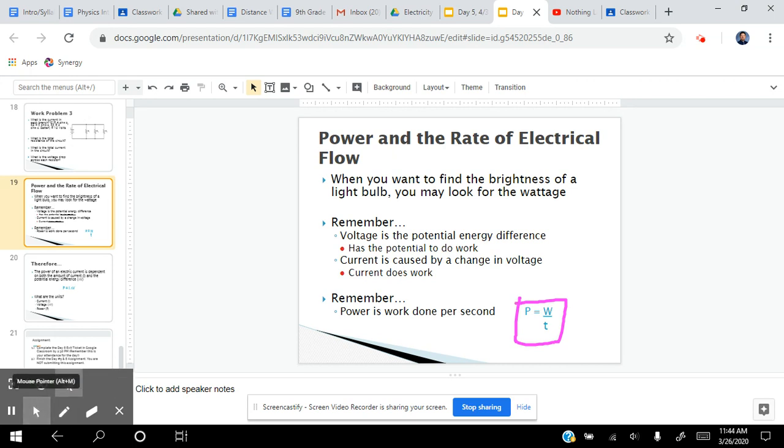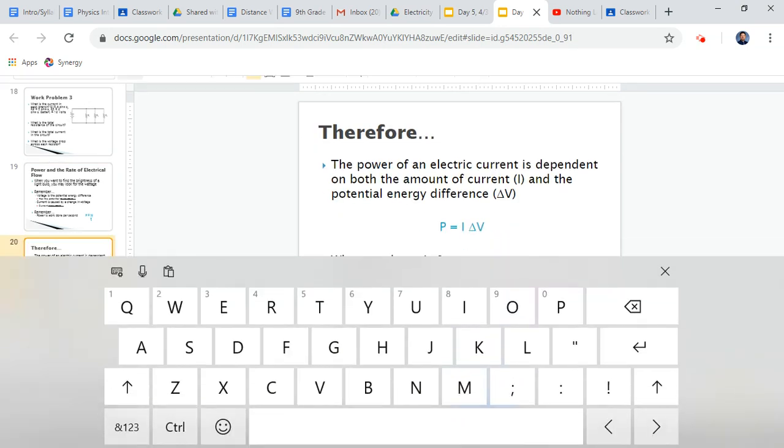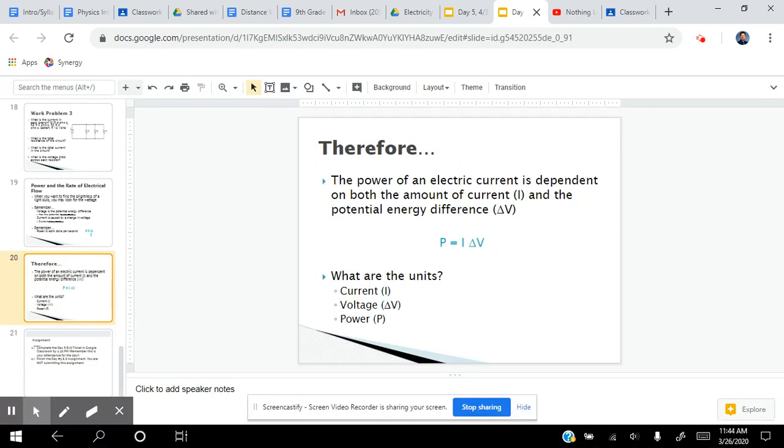Okay. Well, when we were talking electricity, we're taking current and voltage, or a voltage difference, and we're multiplying those 2. So power is equal to current multiplied by voltage.